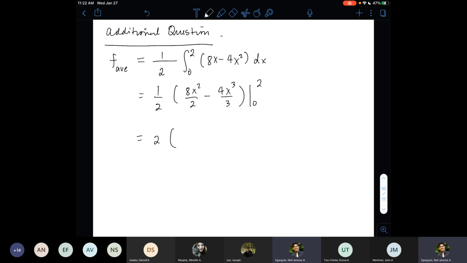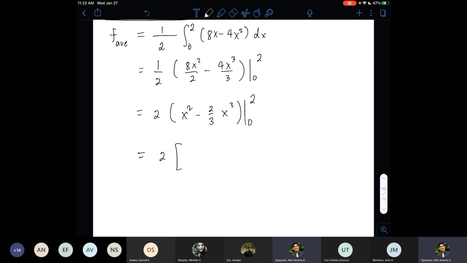So this would be x squared, and then minus 2/3 x cubed. I hope that's correct. Evaluated from 0 to 2, and then plugging in 2, I'll have 4 minus 2/3 times 8. So this would be 2 times 4 minus 16/3.